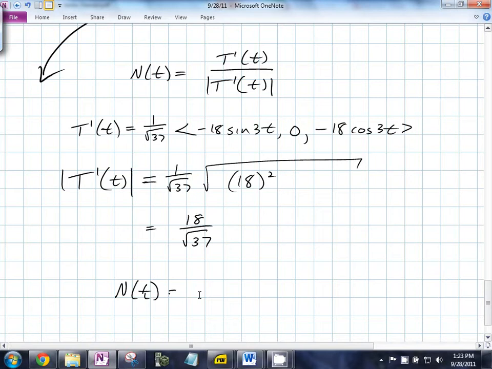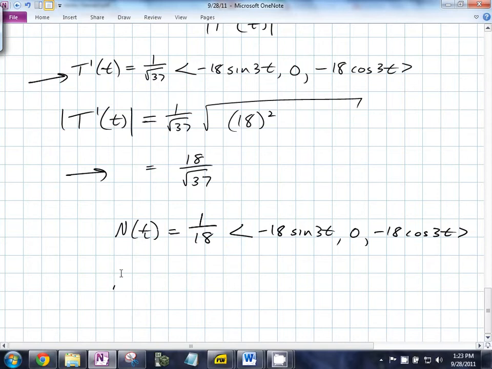What can we factor out of each thing on the inside of that vector? Negative 18. So you can say that N of t is equal to negative sine 3t, comma 0, comma negative cosine 3t.